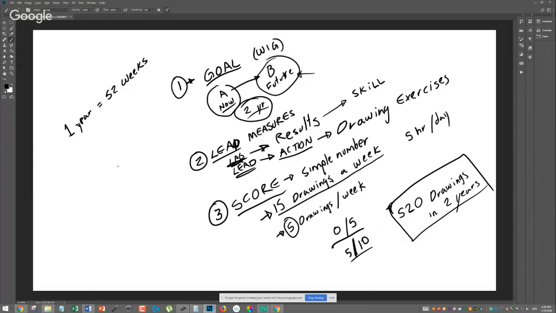So in this case, because I had 5 drawings per week, I would do 5 times 52 gives me 210. No, 260, sorry, 260. And if it's 2 years, then it's going to be 520, right?